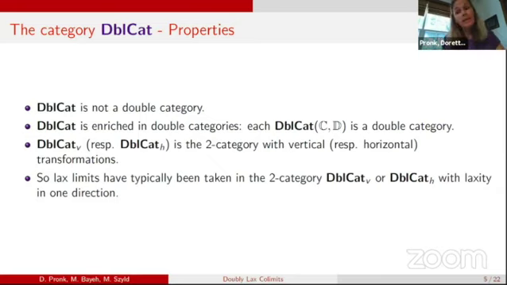And if you restrict yourself to either the vertical transformations or the horizontal transformations, then you end up with a 2-category that we have indicated by the little v and the little h there. And lax limits in the past, so lax limits are defined in terms of lax transformations, so they can be done in either the horizontal or the vertical direction. Next slide.